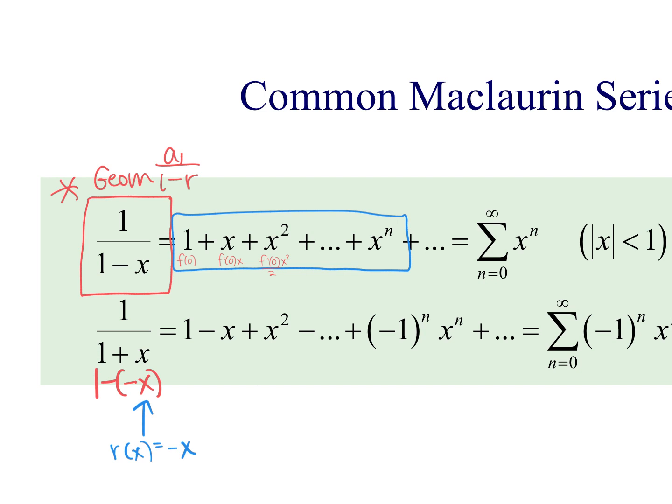If you can know those and see those quickly, it's going to make everything else a lot easier for you. We saw those last chapter. You can get at them in two ways. You can recognize it as geometric and create it by following a multiplication pattern, or you can recognize it as Taylor and create it that way, or you can just have it memorized.